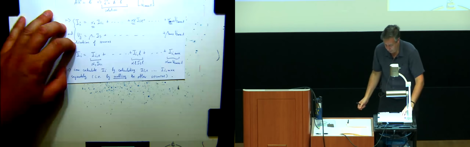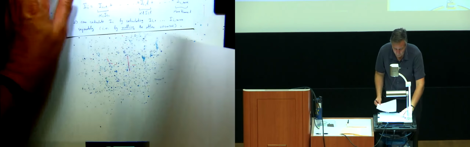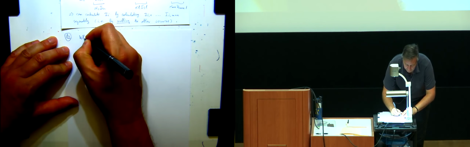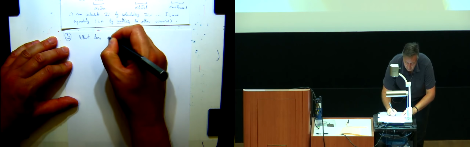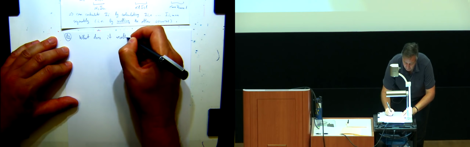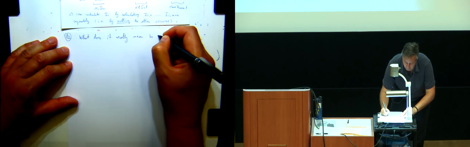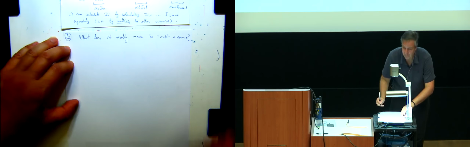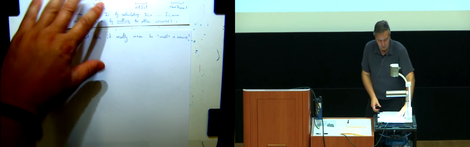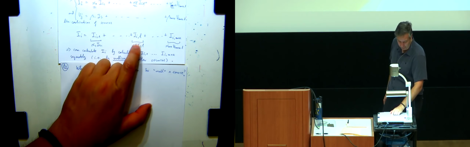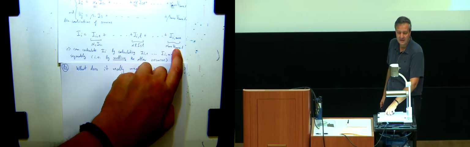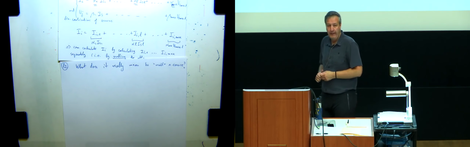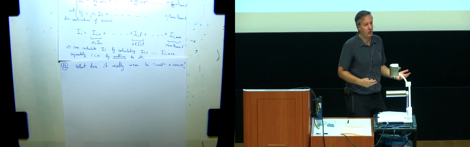Okay, so I think the question is, what does it really mean to null a source? Like, we know mathematically what it means. In this expression, I'll just put a 0, right? Like where ISL is, or where this VS is, where actually everything is except, let's say, IS1, if I want to find I1. But really, in the circuit, what does it mean?